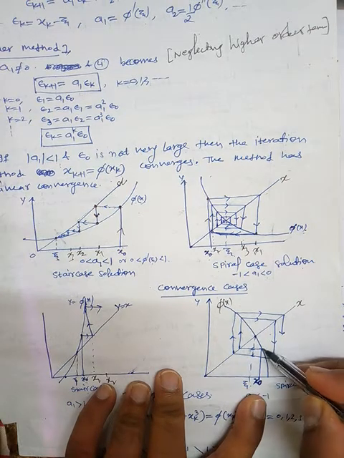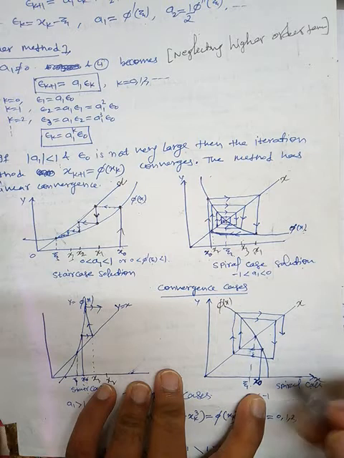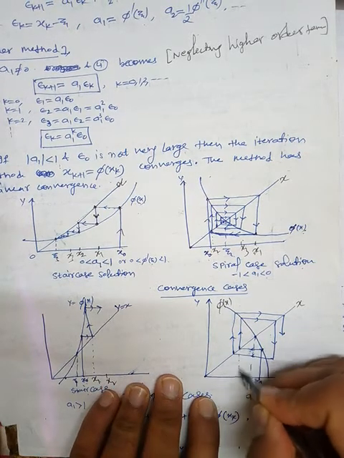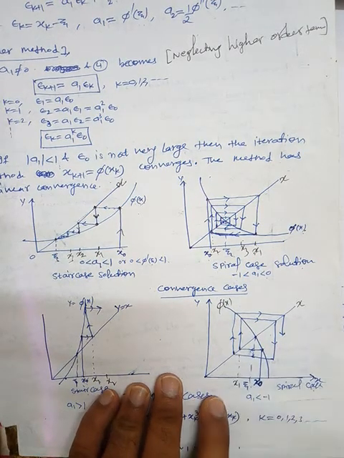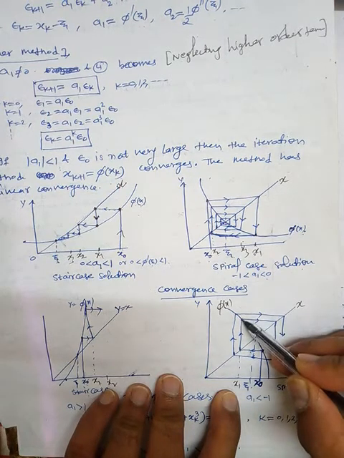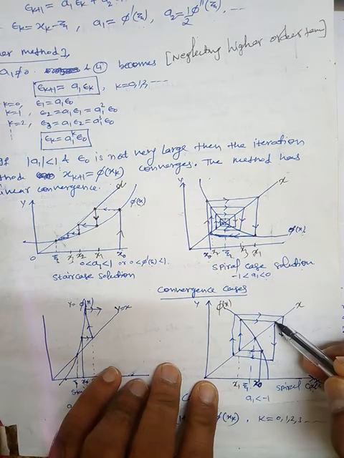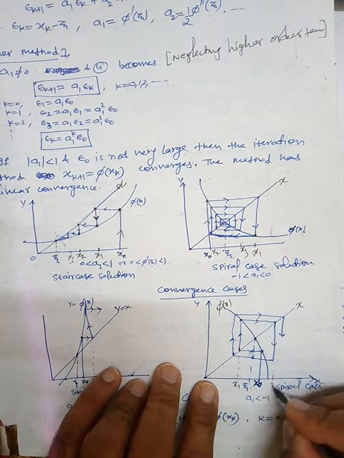Then this is phi of x naught. Now draw the horizontal line. This is basically your x1. Then find out the value of the function at x1, which is nothing but this. Then again draw the horizontal line. This will intersect this curve at this point, and this will provide you x2.